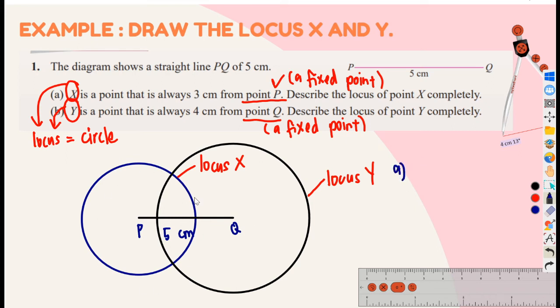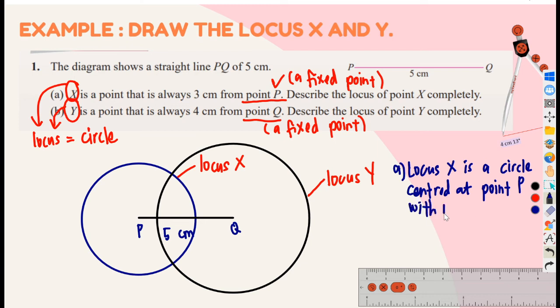As you can see, locus X is a circle, center at point P with radius 3 cm.